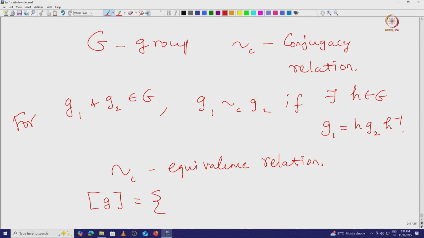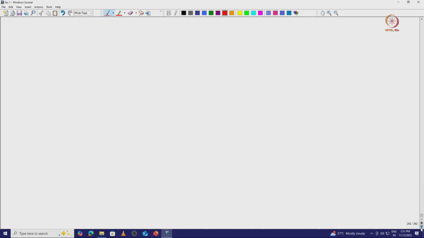It is not hard to prove, maybe you take it as an exercise, that the class of g is going to be just all possible conjugates of g, and G is given by the disjoint union of these conjugacy classes.